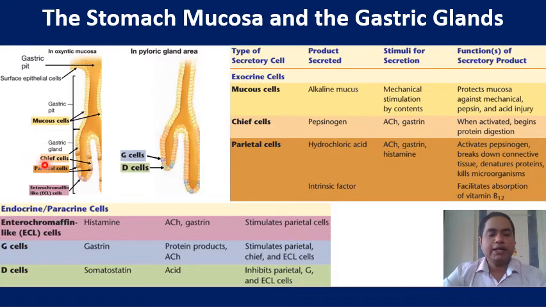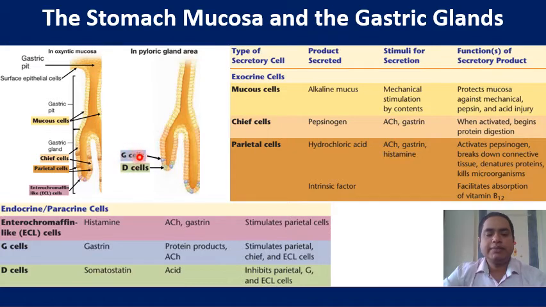There are some endocrine and paracrine cells also present in the pyloric gland area and the oxyntic mucosa. In the previous slide, we discussed the G cell and D cell.